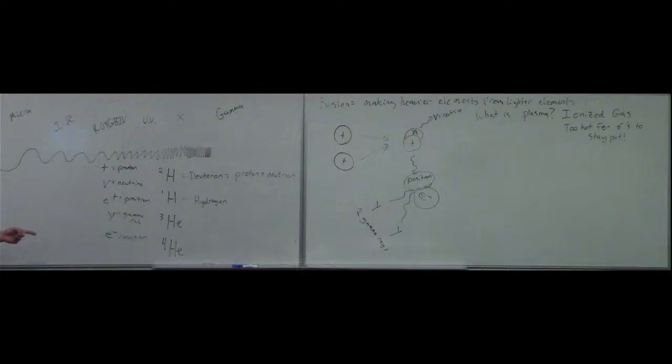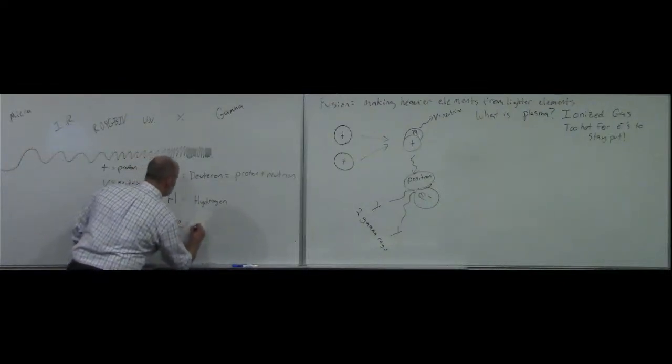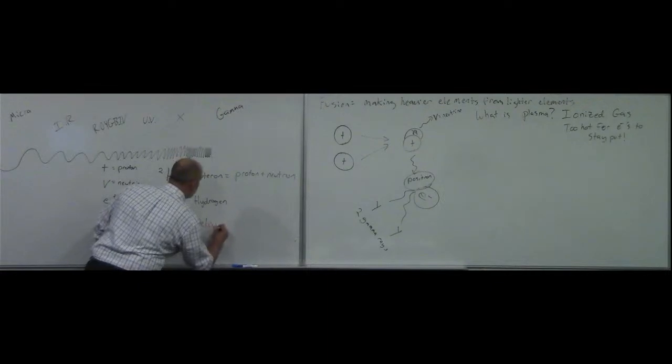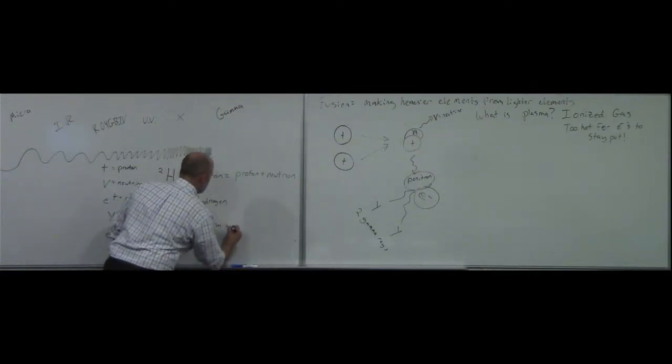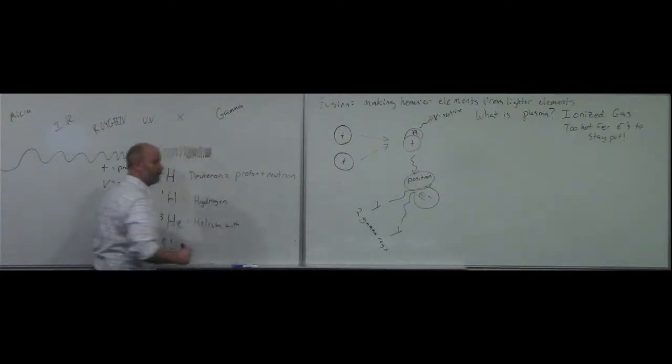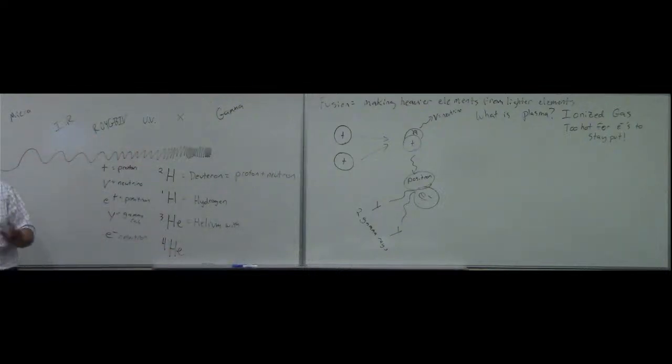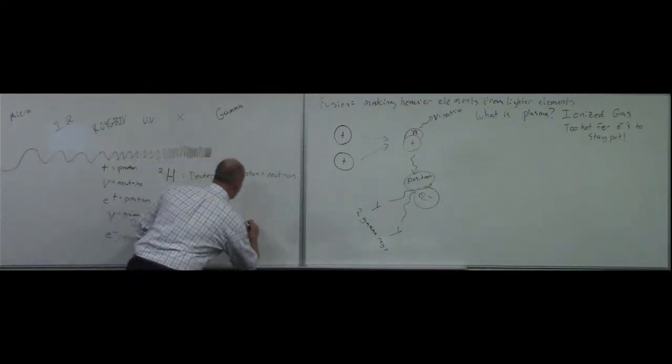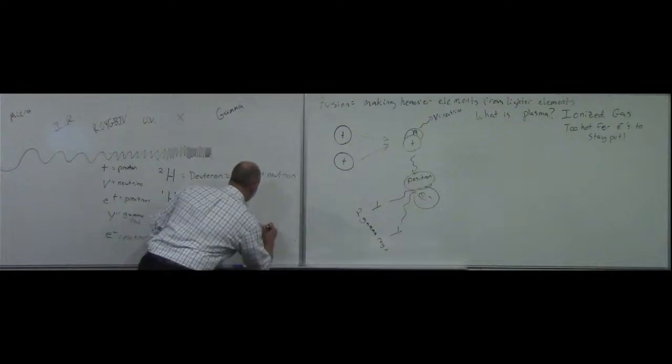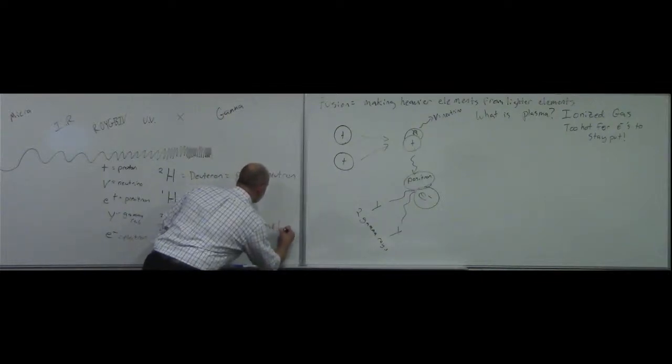Not hydrogen this time. Helium. This is what we refer to as light helium, by the way. Not that you have to know that, but what you need to know here is it's helium with how many protons? Yeah, by definition, to be helium, it's got to have 2 protons, right? With 2 protons and 1 neutron.